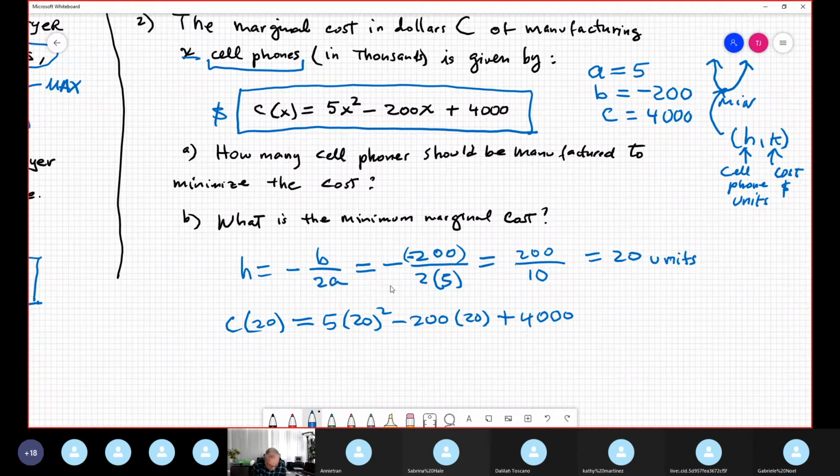Okay, the function is 5x squared minus 200x plus 4,000. So x is equal to 20. I press enter. The answer is 2,000. 2,000 what? $2,000. It's the minimum cost that you expect.